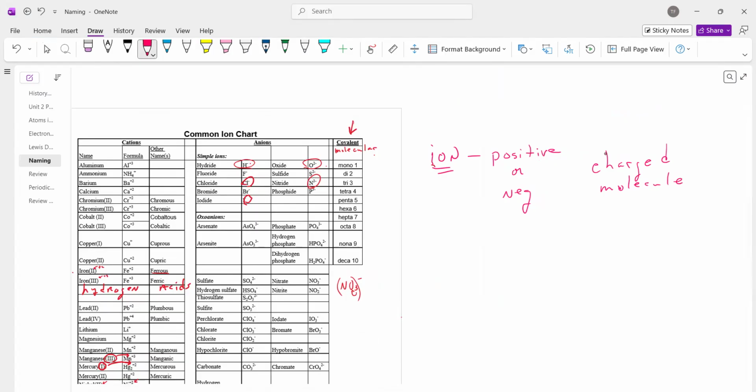If it's charged, that means the number of protons does not equal the number of electrons. There's an imbalance of positively charged particles and negatively charged particles. Hence, there's a net charge. So you have to treat an ionic particle or ionic molecule from the positive perspective and the negative perspective.